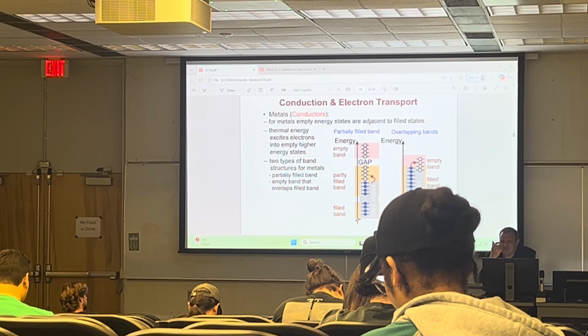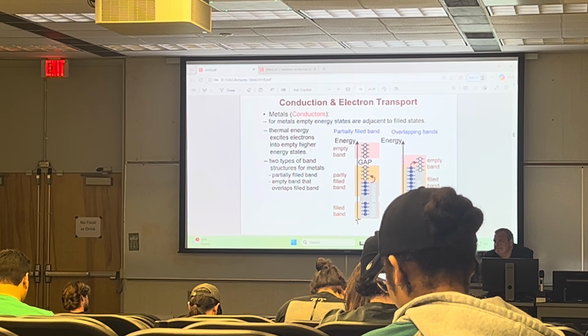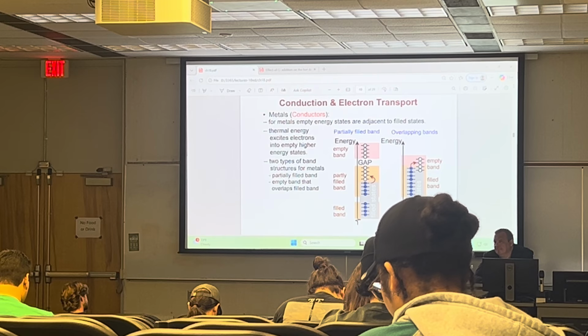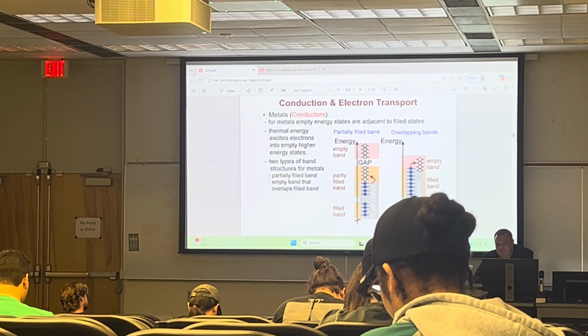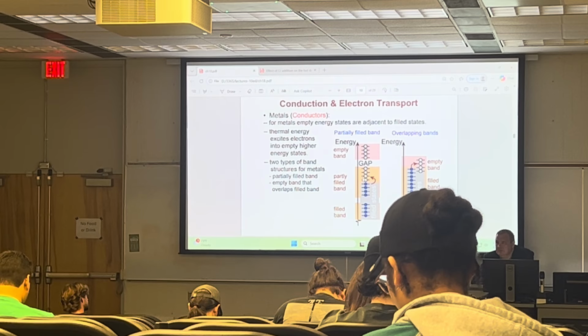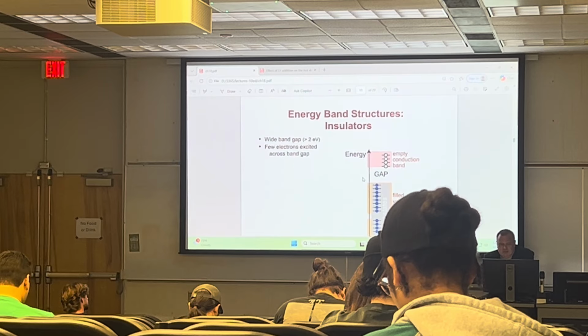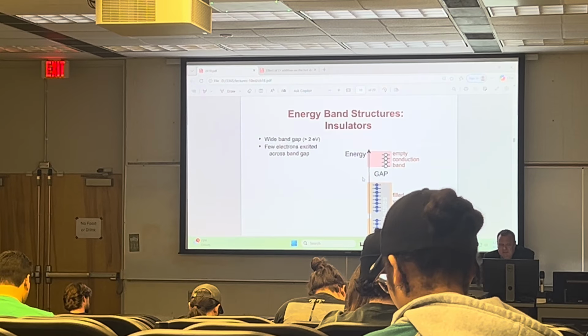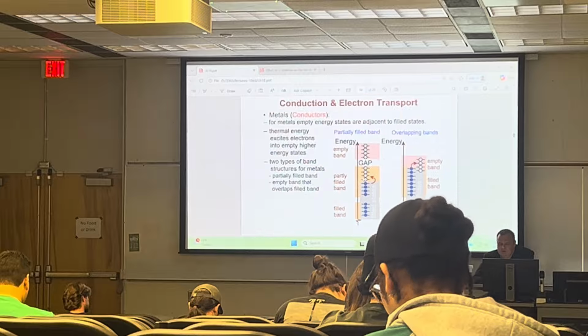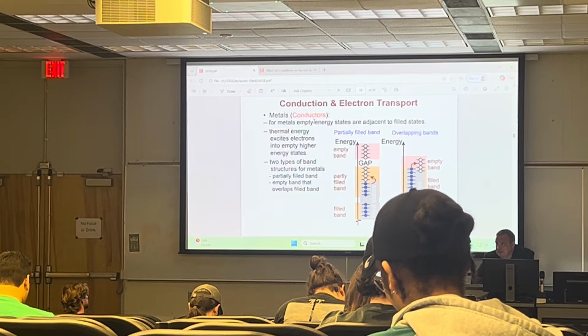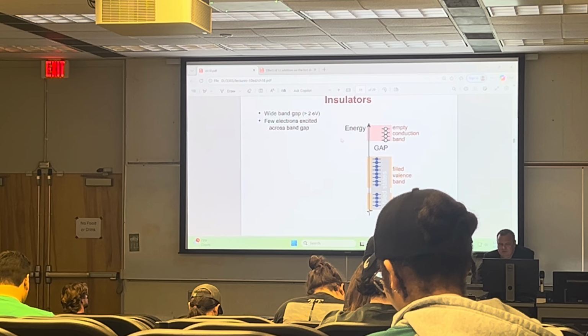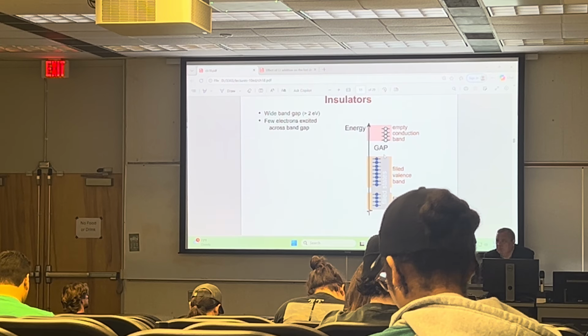But how does this process actually happen? This electron cannot come from the filled bands. It has to be in the conduction band. So the difference between a metal that's a conductor and an insulator is that this gap is what we say wide.